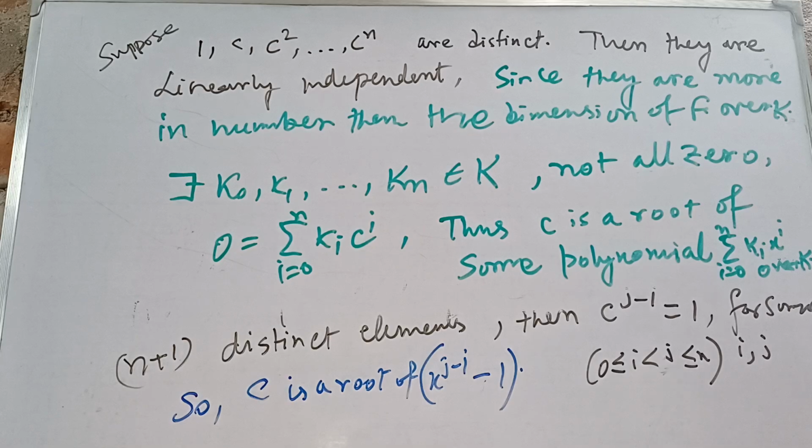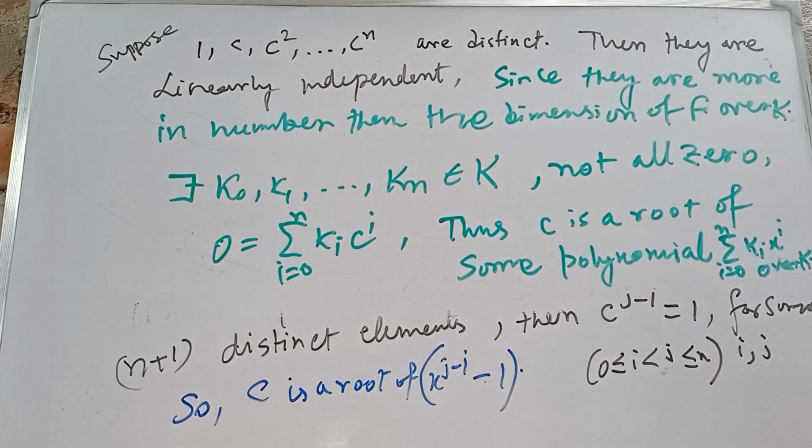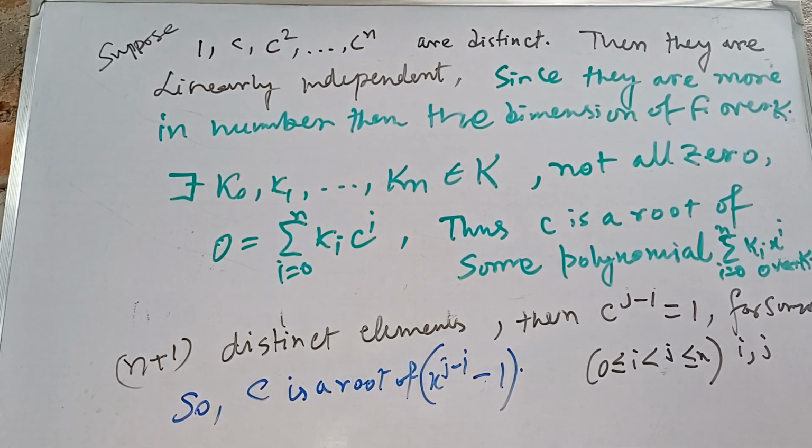So that is how we prove this easily. If F over K is a finite field extension, that means the degree is finite. Let this degree be n. Then take some c belonging to F, c not equal to 0 or 1, and consider 1, c, up to c to the power n.